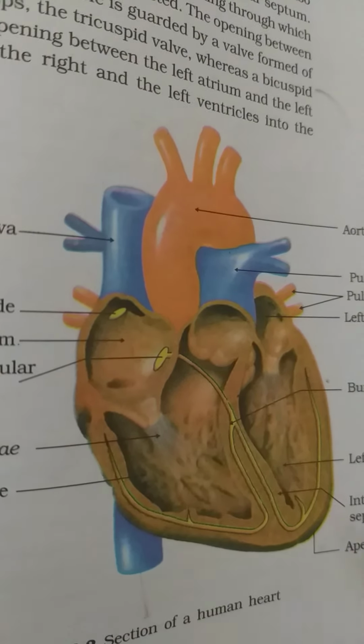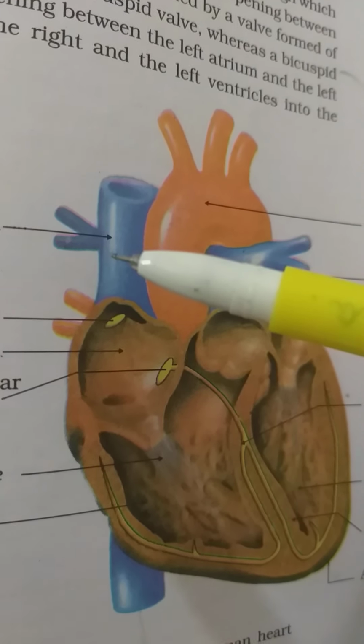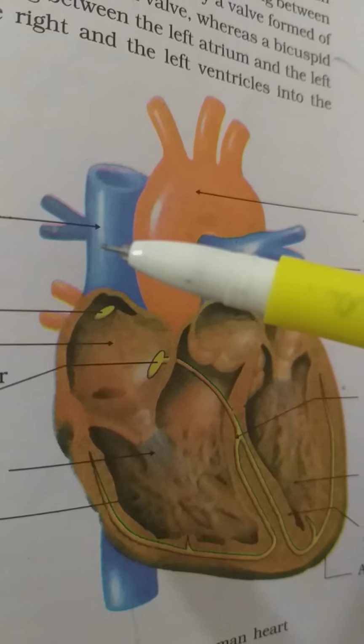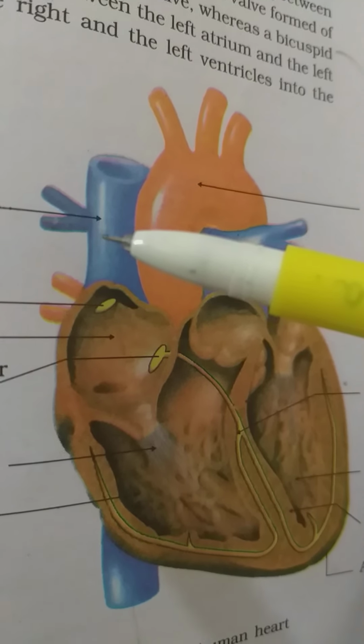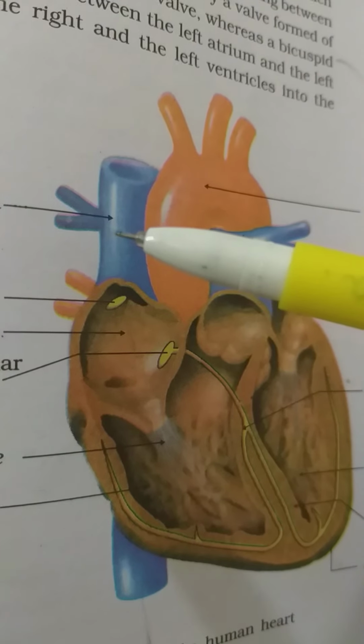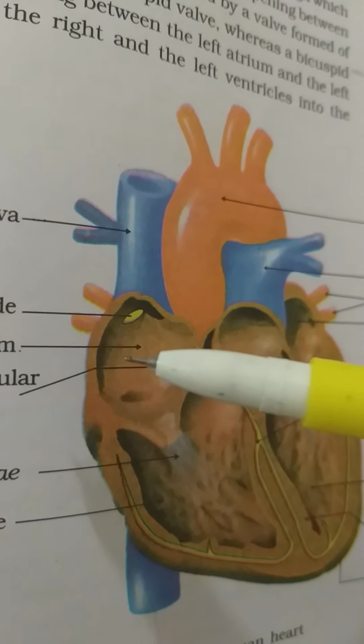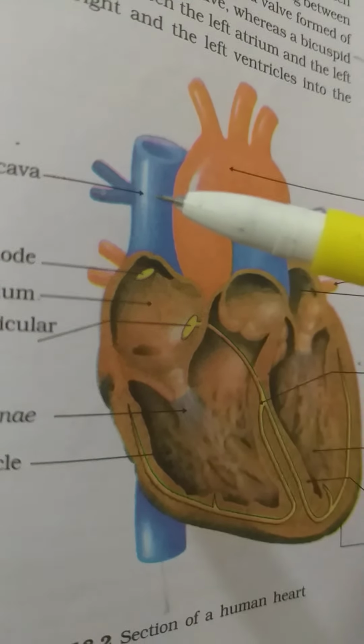The vena cava pumps deoxygenated blood which has been collected from the tissues, all organs of the body. Deoxygenated blood is pumped into the right atrium by vena cava.